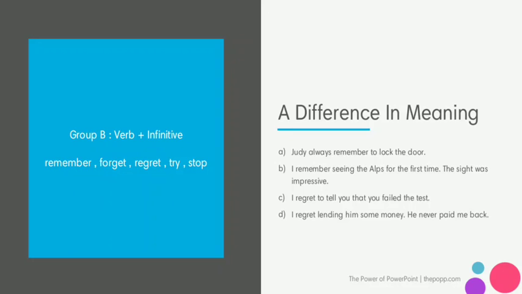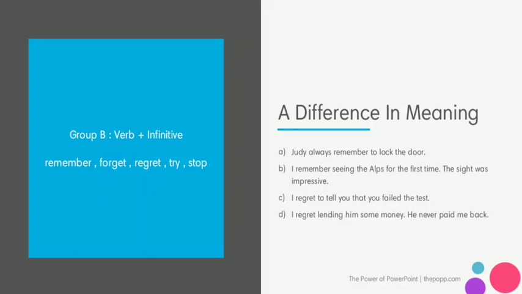The sight was impressive. Remember plus infinitive means remember to perform a responsibility, duty, or task, as in example A. And forget plus infinitive means forget to perform a responsibility, duty, or task, as in example B.